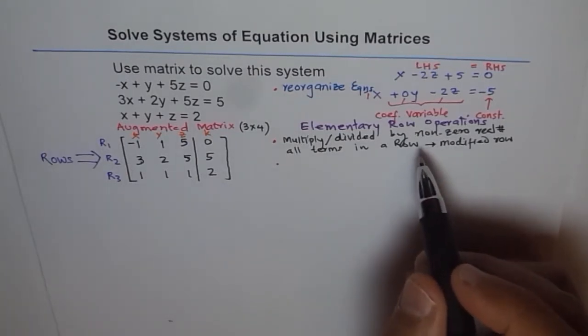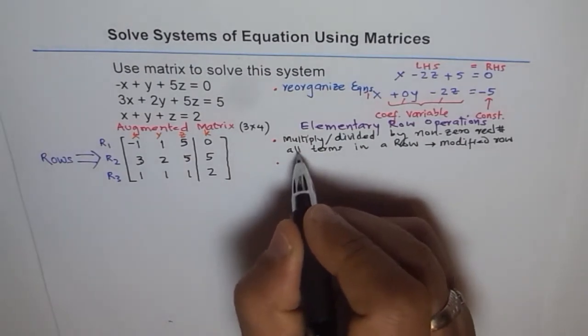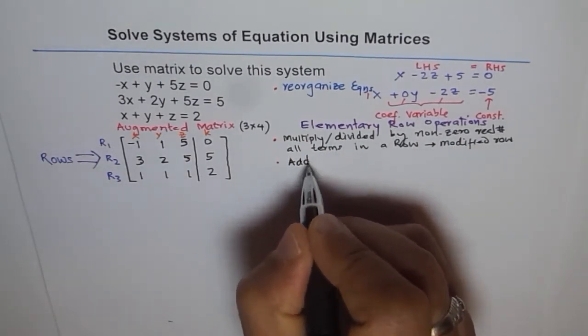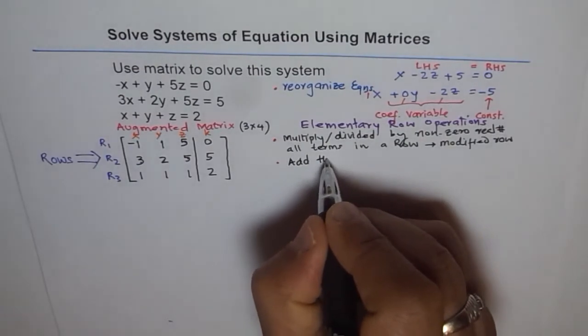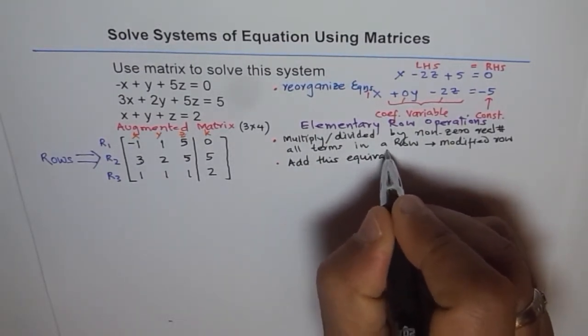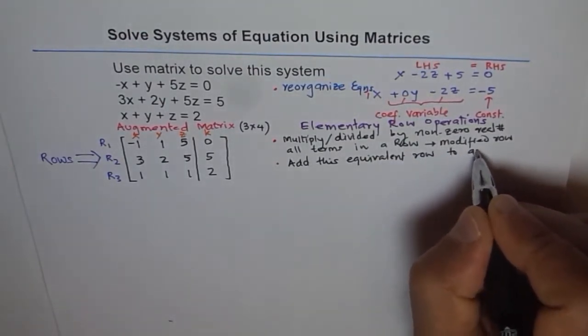But the help we get from it is that we can add whatever modified this, we can add this row to our any row. If we can add this, I should say equivalent now, row to any row, right?